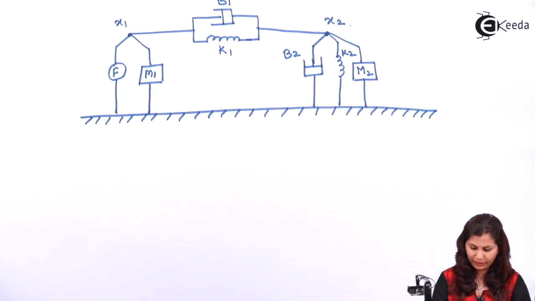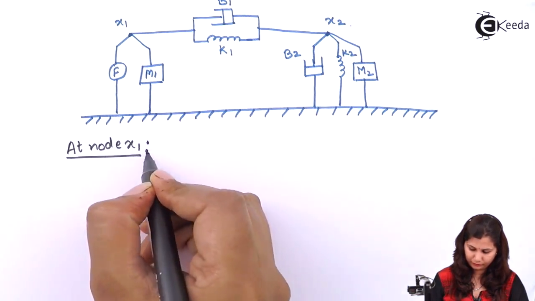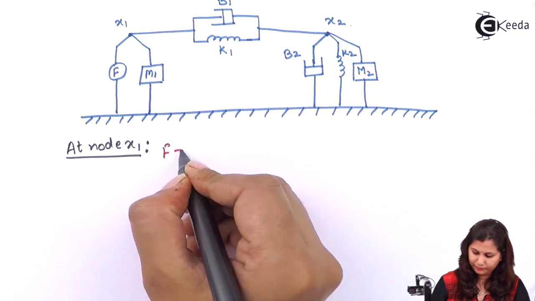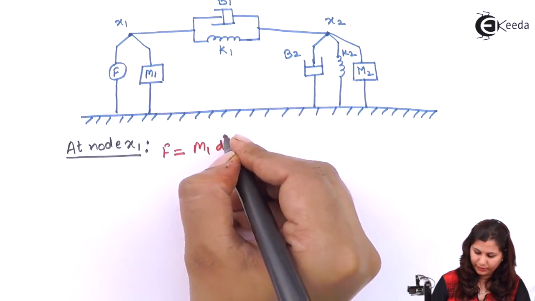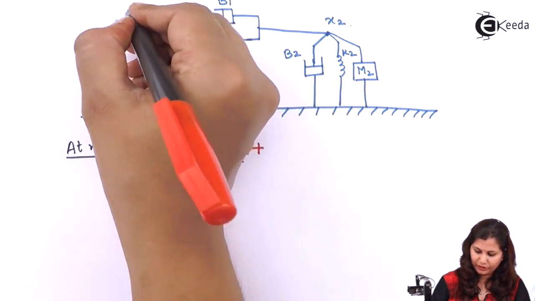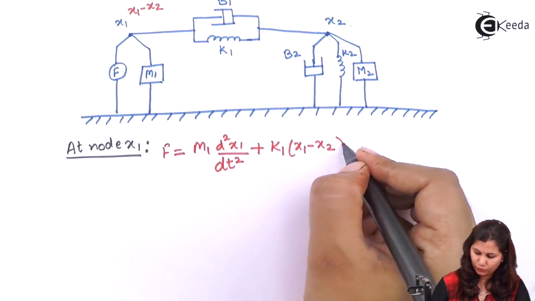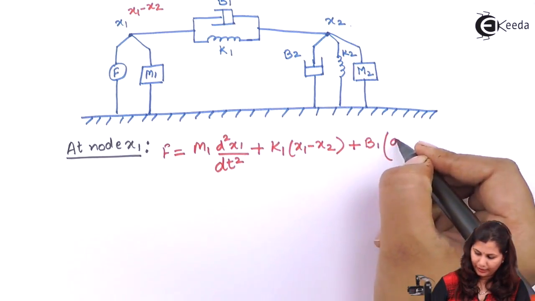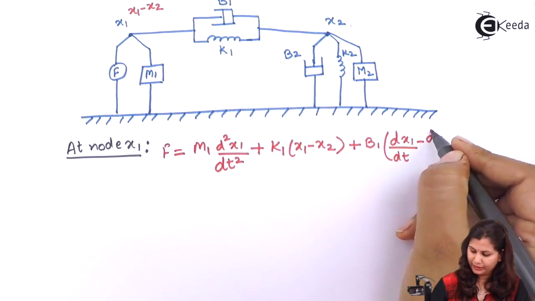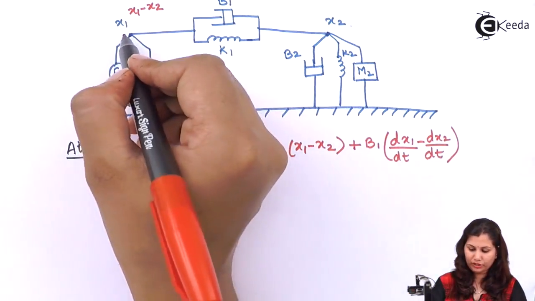At the node x1 we have the force F, and this force F equals M1 d2x1 by dt square plus K1 times the difference x1 minus x2, plus B1 times the difference, dx1 by dt minus dx2 by dt. So this is the nodal equation for node x1.